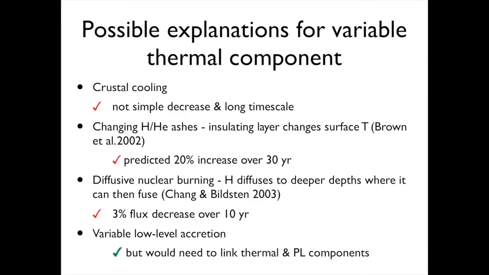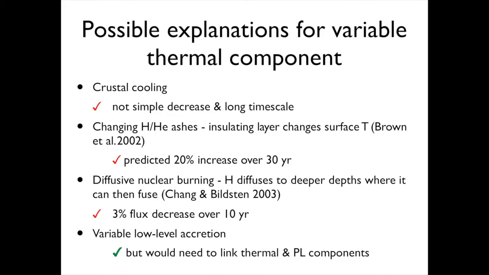So we can ask a bunch of questions about what might be driving this, right? Are there any things in the crust that could actually be setting what's going on? Well, it simply can't be crustal cooling, right? This thing is not just some monotonic decrease. There are other things you can do in the crust. So you can have, between X-ray bursts, you can change the amount of hydrogen and helium ashes in the crust.